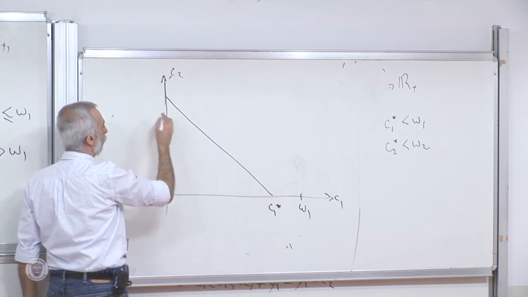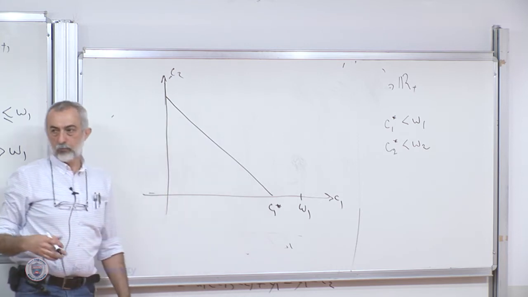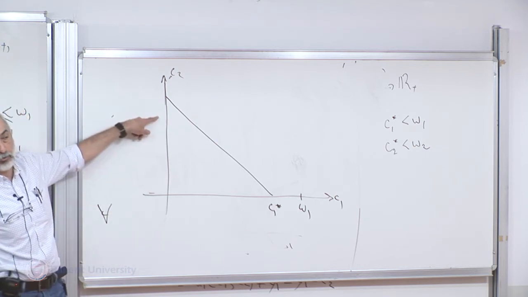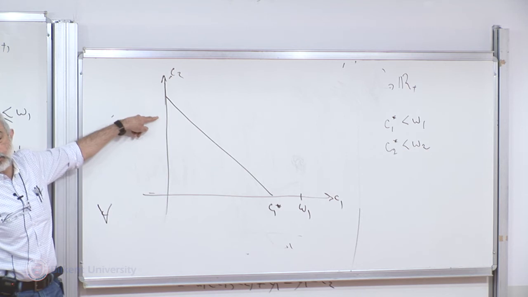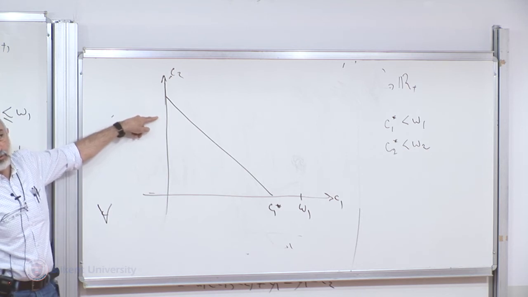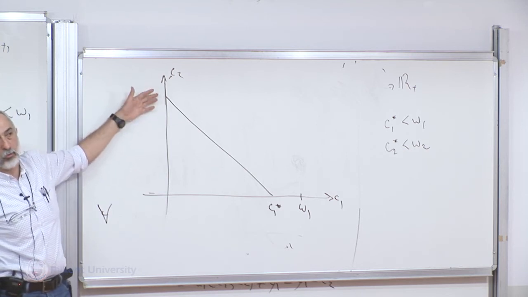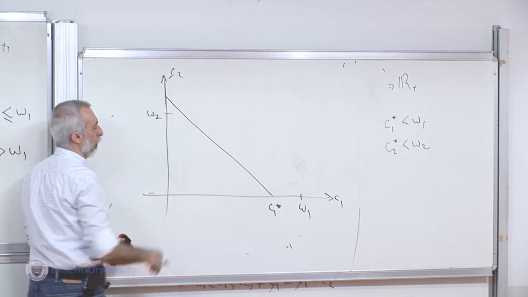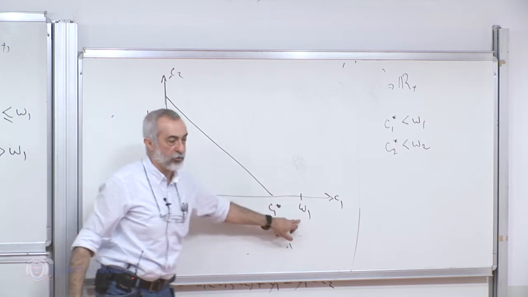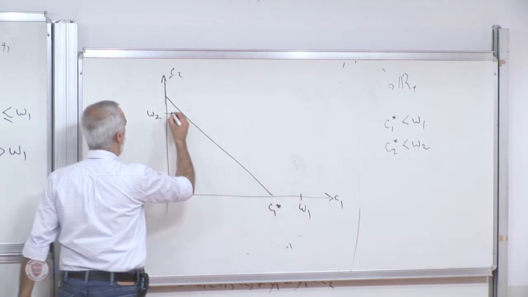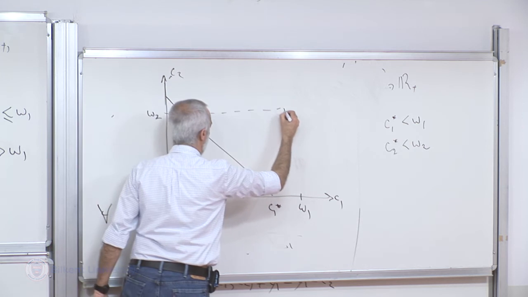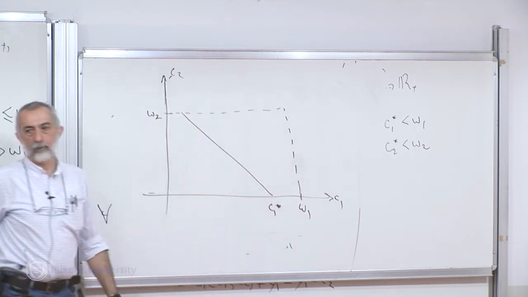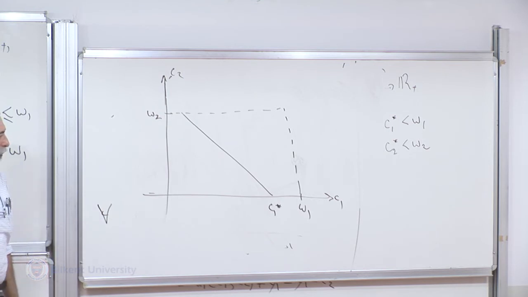Moreover, player 2 cannot contribute more than W2, so I don't have to worry about the best responses of player 1 when C2 is bigger than W2. So somewhere I should put W2. For now, let me just put it here. So in a way, I already assumed that W2 is less than W1. So that's what we have. We're done.